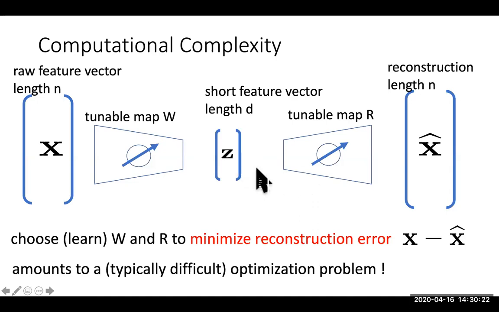However, if you want to design a tailor-made feature learning method for a machine learning problem where you're interested in labels, then you should, of course, not look at the reconstruction error, but at the prediction error you would get from these compressed features.